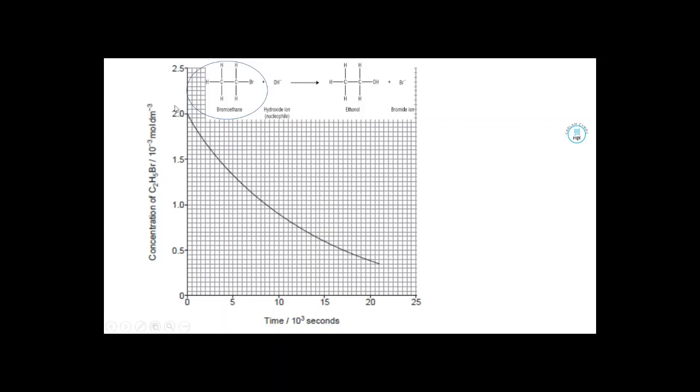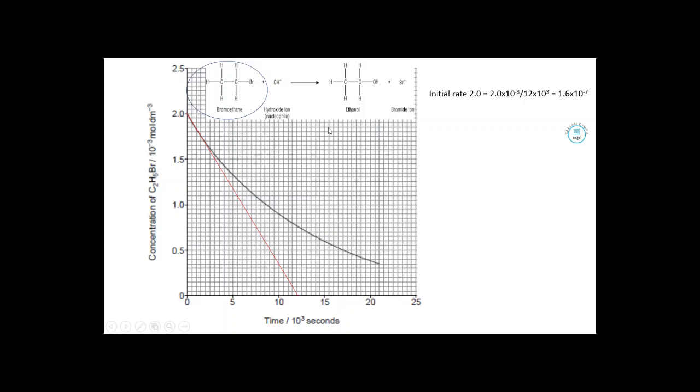You can see as the concentration of the bromoethane decreases, our rate is decreasing because we've got a curve. And we could use this curve to work out the order. So what I've done here is take my initial rate, the steepest portion of that curve, and take my gradient, which we discussed earlier, which is y over x.